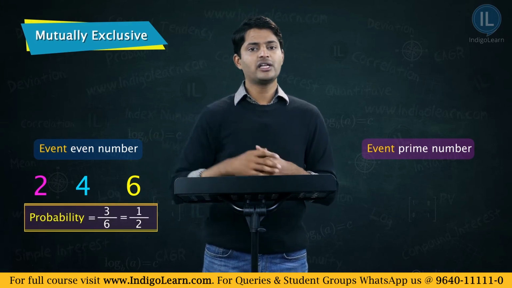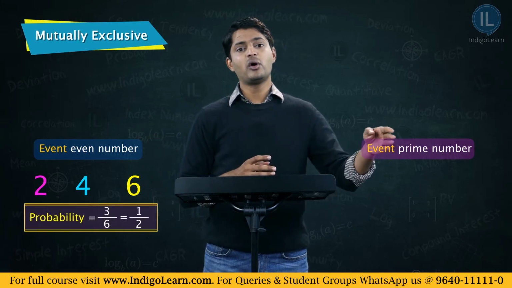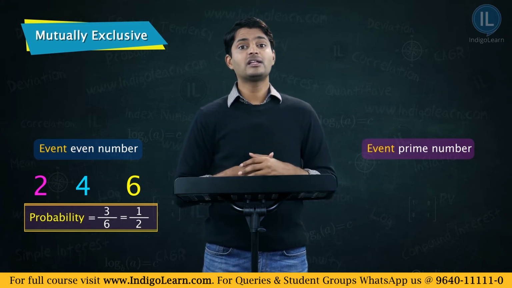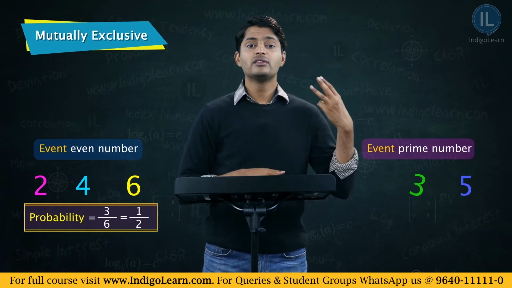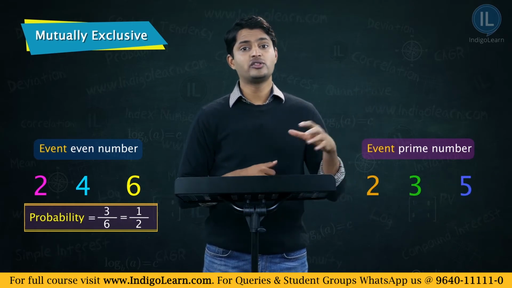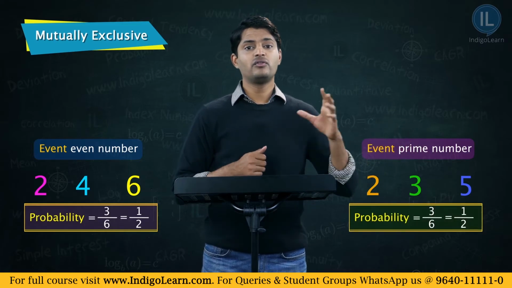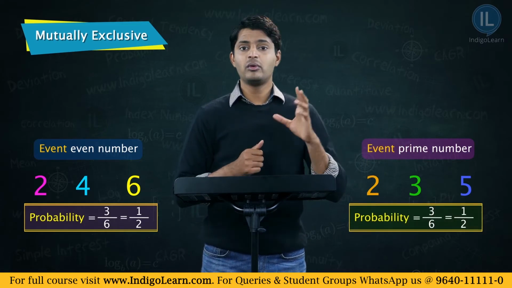So, keep it aside, the probability is 1 by 2. Here I want the probability of it being a prime number. So, what are the prime numbers that are less than 6? 2, 3 and 5. So, there are 3 possibilities. So, here also the probability is 3 cases in your favor out of 6 cases. So, here also probability is 1 by 2.